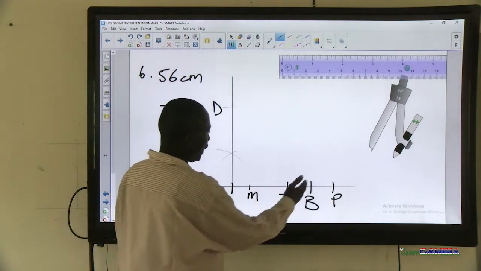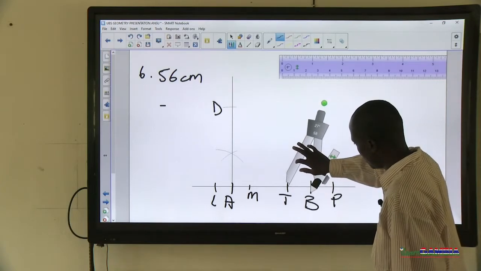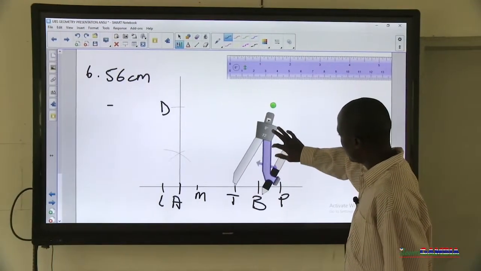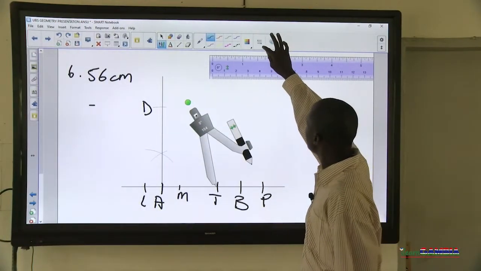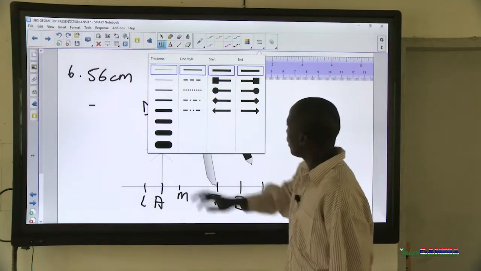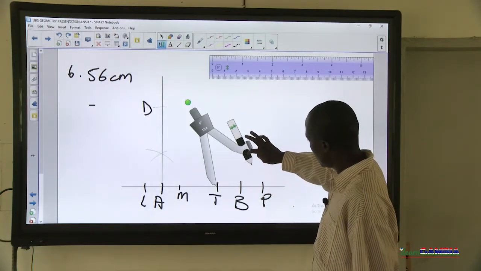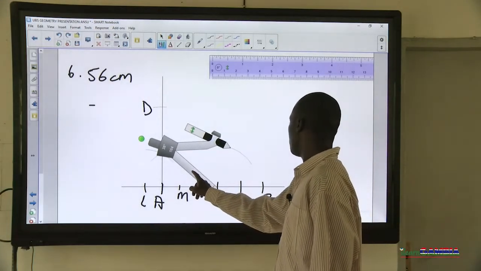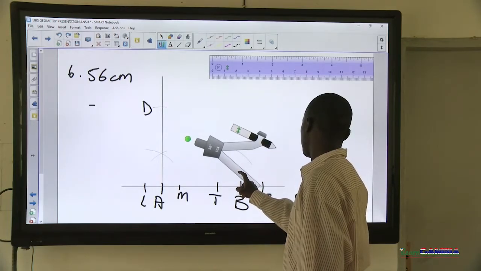Now with T and P as centers, you open to a convenient radius, draw an arc upwards. I have drawn an arc. Come to P with the same radius.